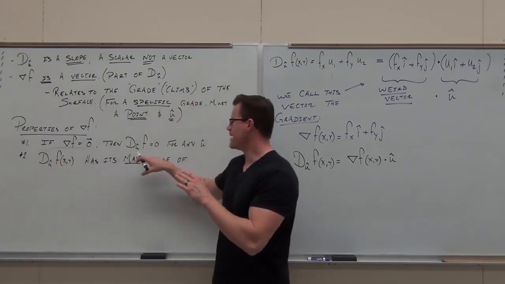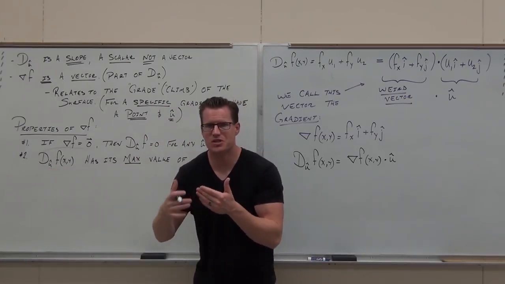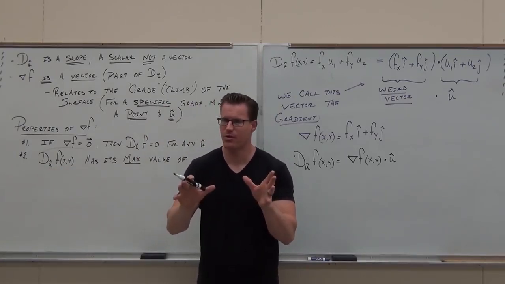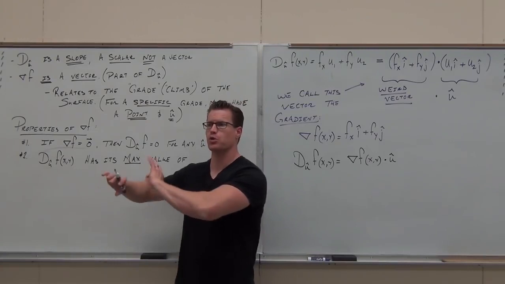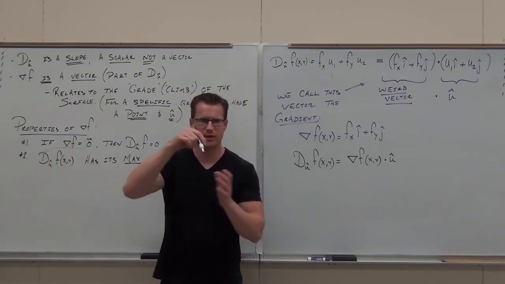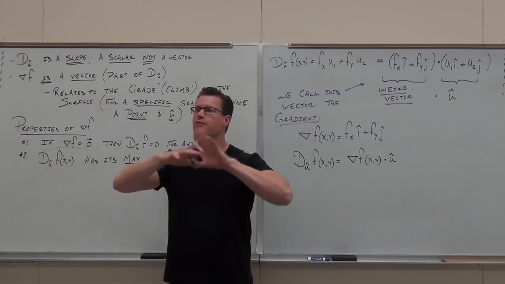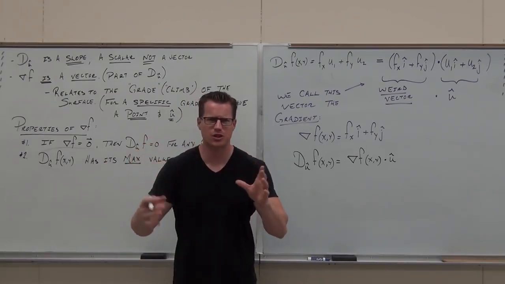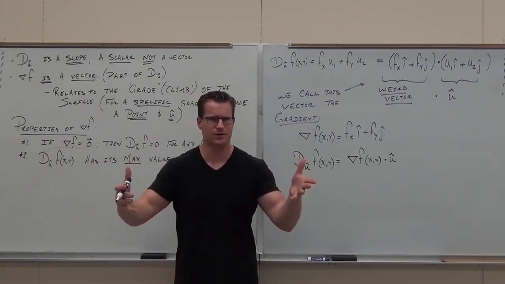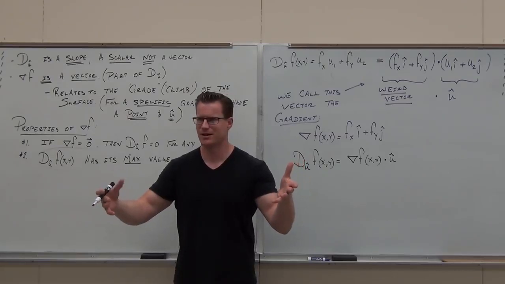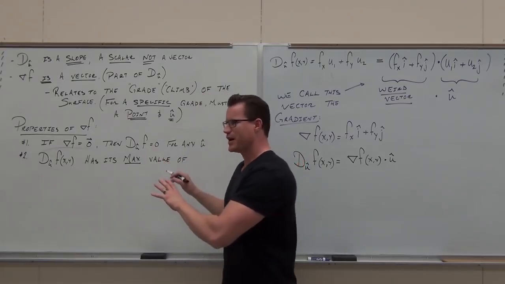This is going to have its max value. So I'm saying, here's the max slope. This is weird, all right? Here's the max slope of your surface, not in any direction, well, it's going to give you a specific direction, but of the surface. What's the maximum slope that we get on our surface here? You guys getting the idea here? It has a value of this.